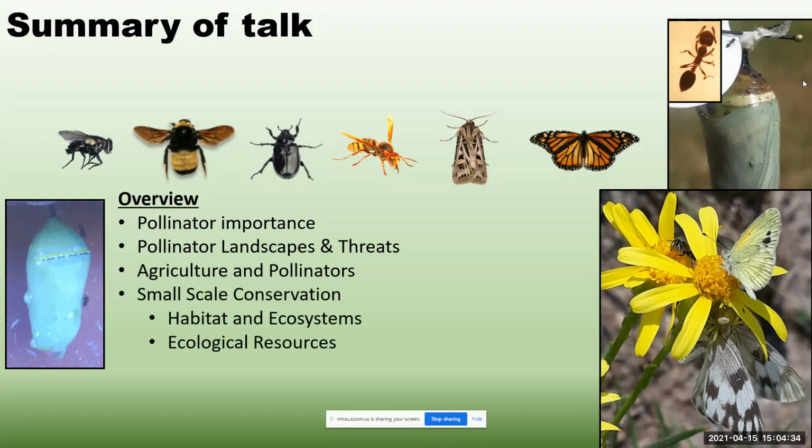Then move on to small-scale conservation, aka gardening, and then habitat ecosystems, the ecological resources, and the importance of all of that and how it ties together when we are planting gardens. Lastly, we'll visit some of the pollinator conservation areas in which we're moving forward and the data gaps that we currently know that we have, and then we'll follow up with some questions.